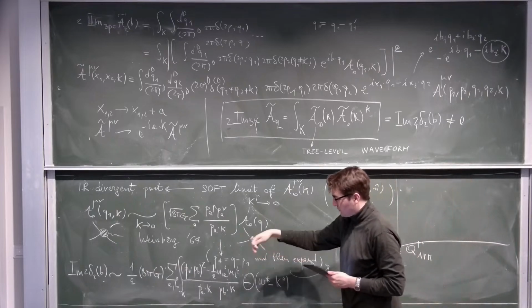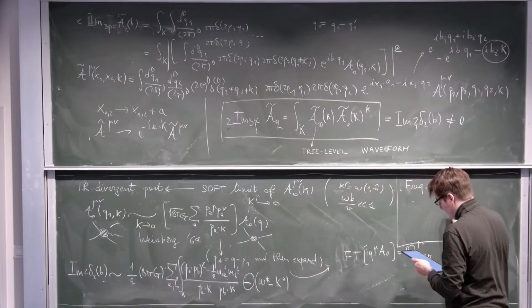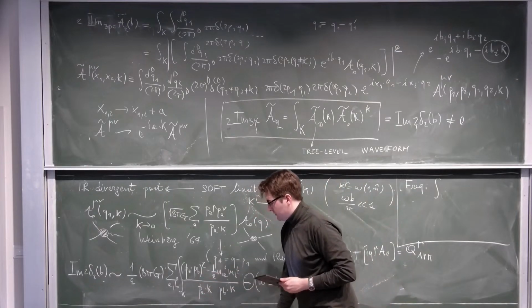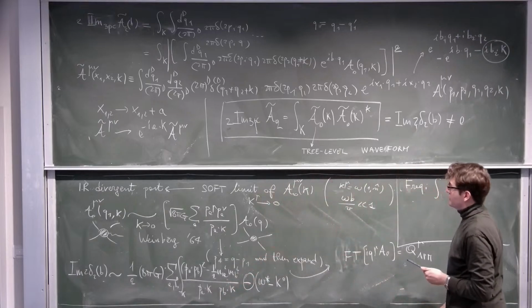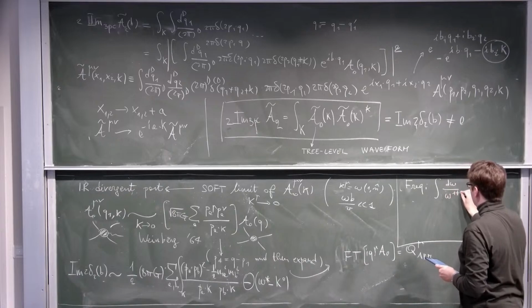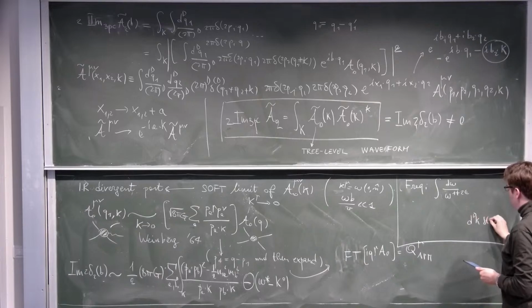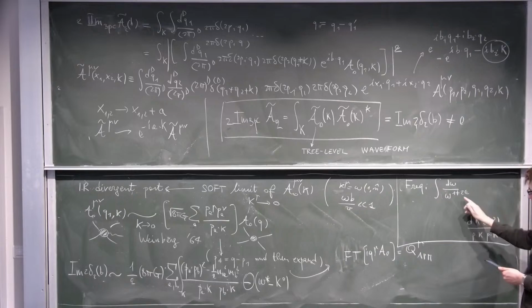You can divide the integration into frequency and angles, of course. So from the frequency, you just get an integral. So here we have dk divided by these guys and multiplied by the theta, by the delta function, right? So it will be an integral of d omega over omega to 1 plus 2 epsilon. The reason is that dk, as you can see, has d minus 2 minus 1 minus 1, so d minus 4.